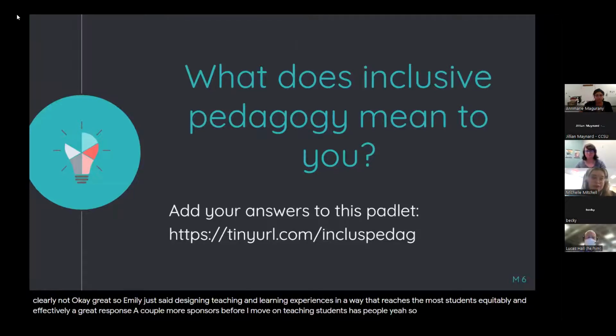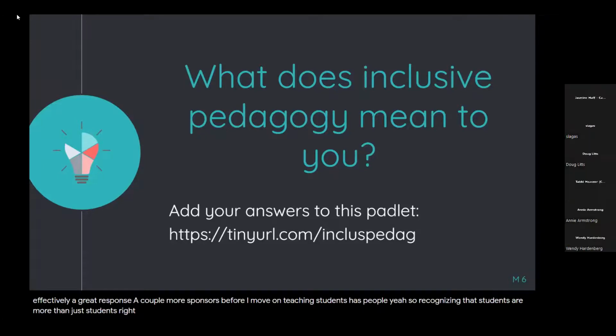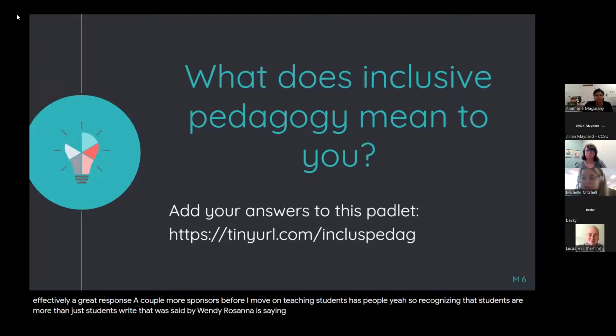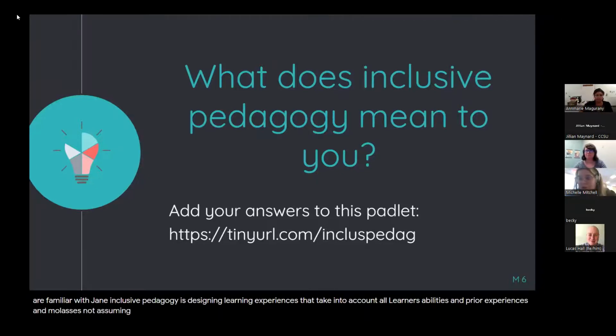So recognizing that students are more than just students, right? And that was said by Wendy. Roseanne is saying, considering the variety of experiences and language that students are familiar with. Jane, inclusive pedagogy is designing learning experiences that take into account all learners' abilities and prior experiences. Pamela says, not assuming where people are.